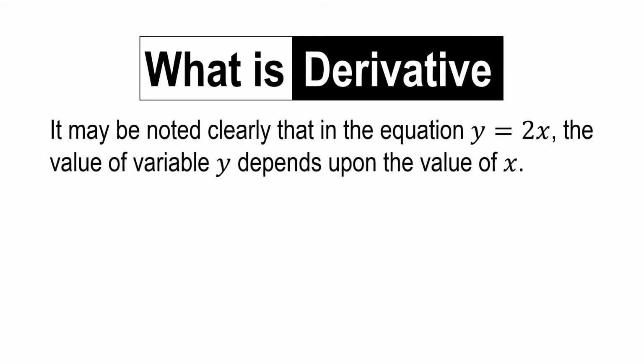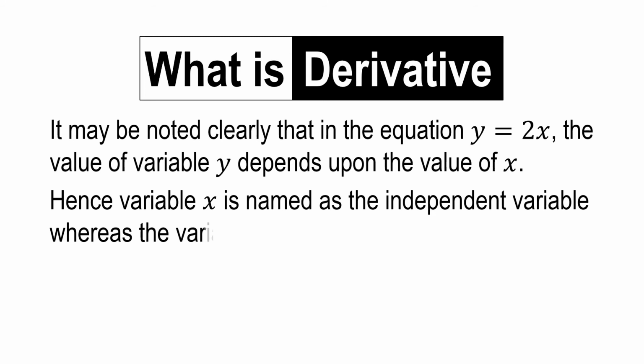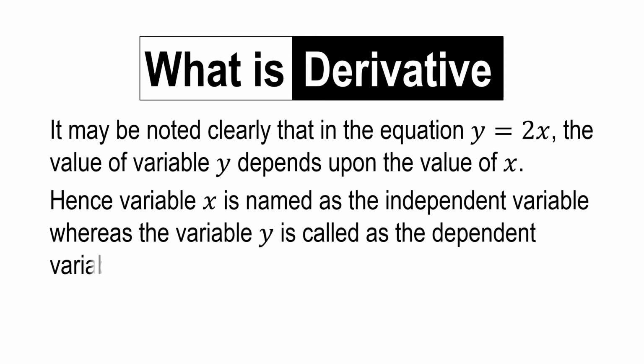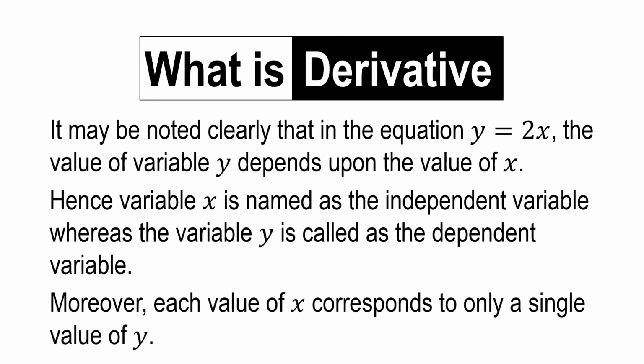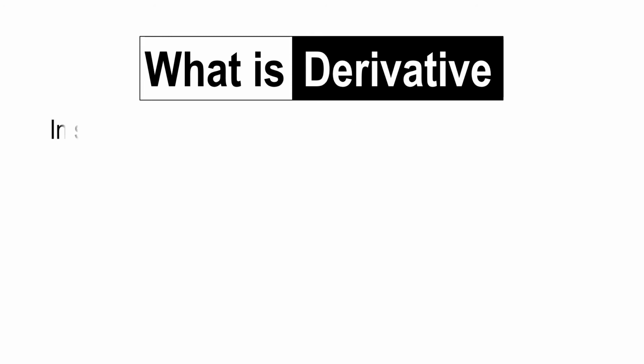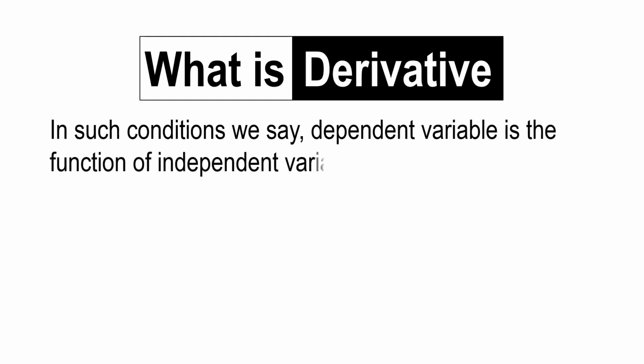It may be noted clearly that in the equation y is equal to 2x, the value of y depends upon the value of x. Hence, variable x is named as the independent variable, whereas the variable y is called as the dependent variable. Moreover, each value of x corresponds to only a single value of y.